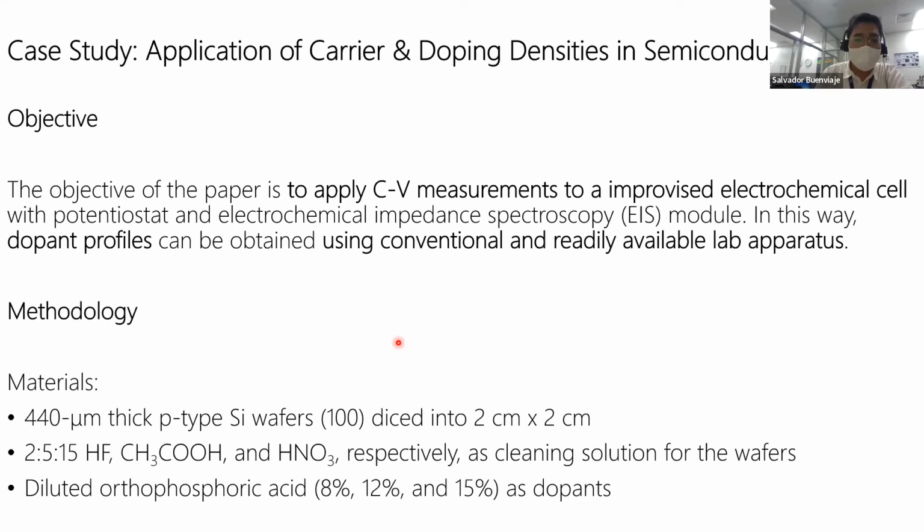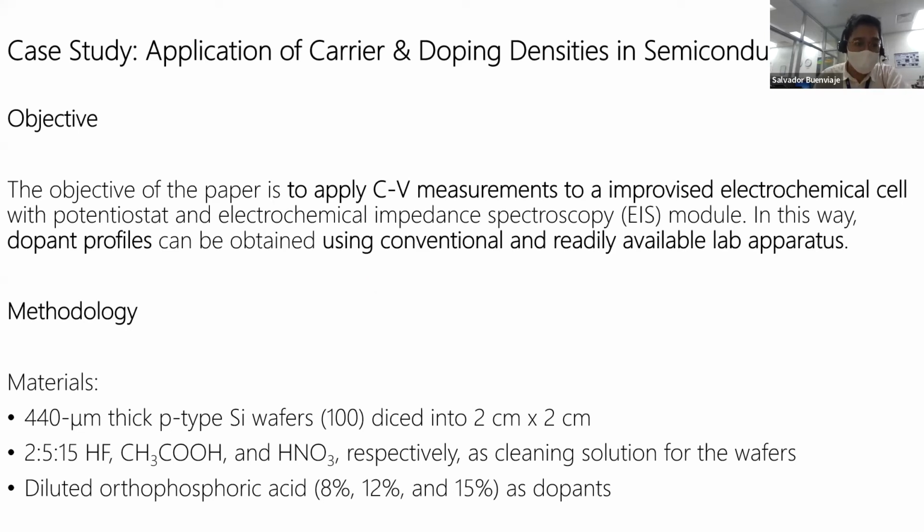In this case, they fabricated an improvised setup that makes use of common electrochemical laboratory apparatus, and they assessed the accuracy of the data they can get from this improvised setup using dopant profiles.